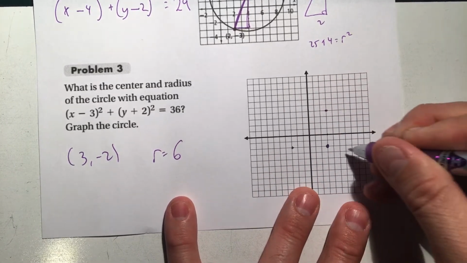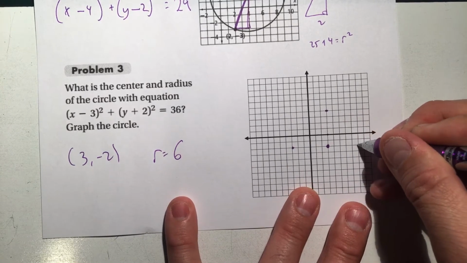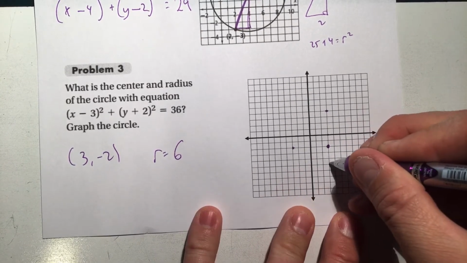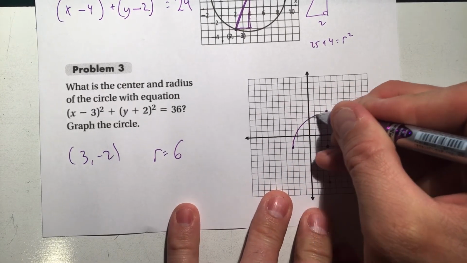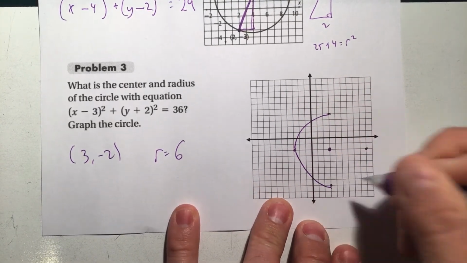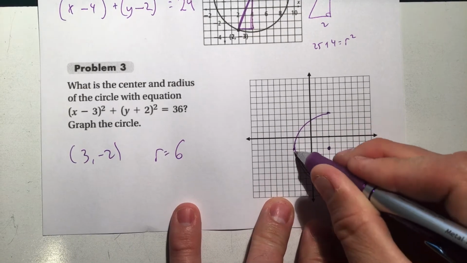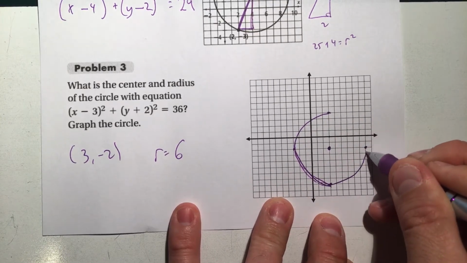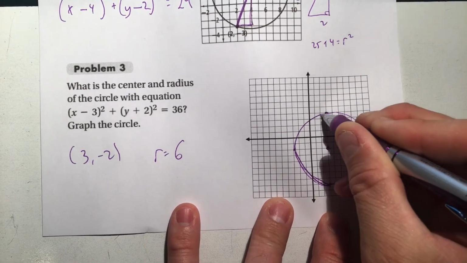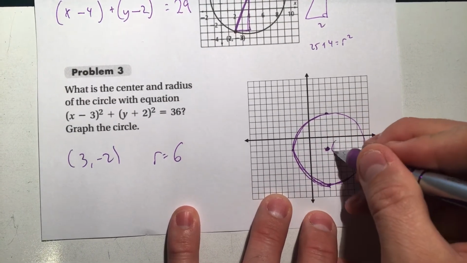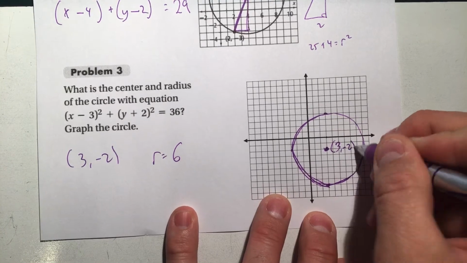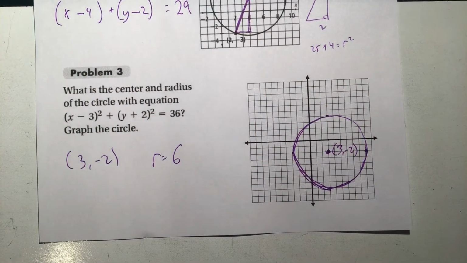Left 6, right 6, down 6. And then you sort of draw it. It doesn't have to be perfect. That certainly wasn't, but you get the gist. I certainly know that's 3, negative 2. And that's it.